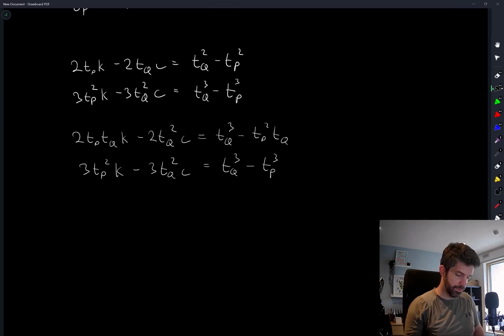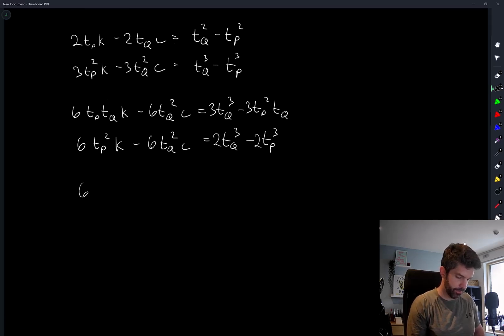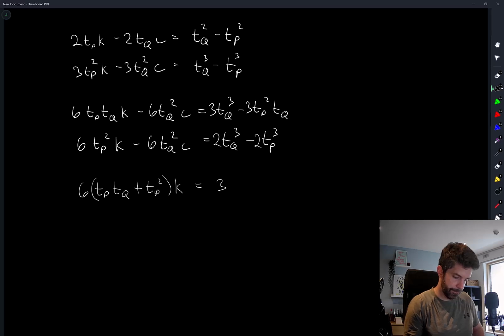Oh, I need to multiply the top by 3 and the bottom by 2. And now add together 6 TP TQ plus TP squared, okay, is equal to 5 TQ cubed minus 3 TP squared TQ minus 2 TP cubed.